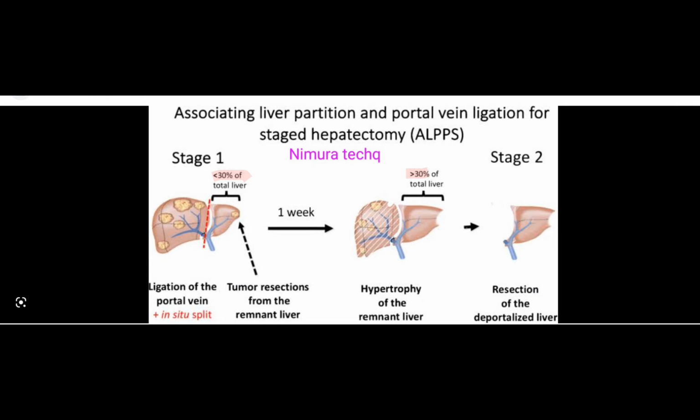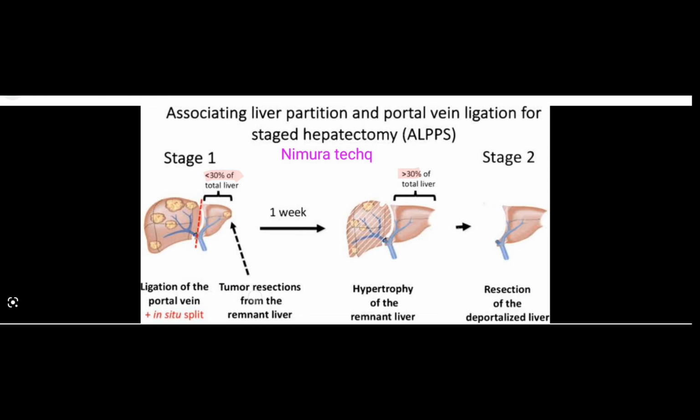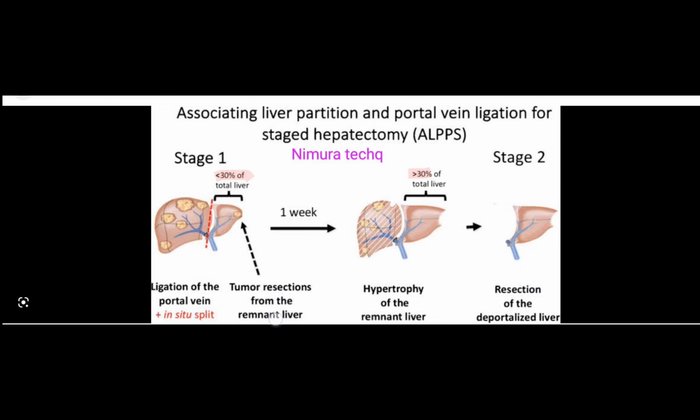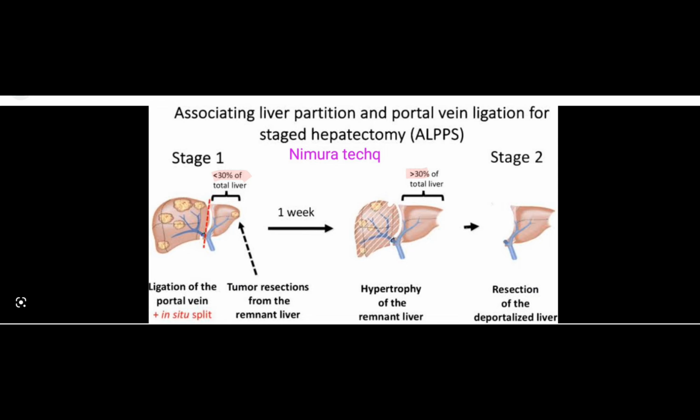Then next we have the Nimura technique. Nimura technique is basically associated with the liver. So here what we do, this much liver is normal. After tumor resection, this liver is the remnant liver, and it is very small, so we need to hypertrophy it. How will we hypertrophy it?